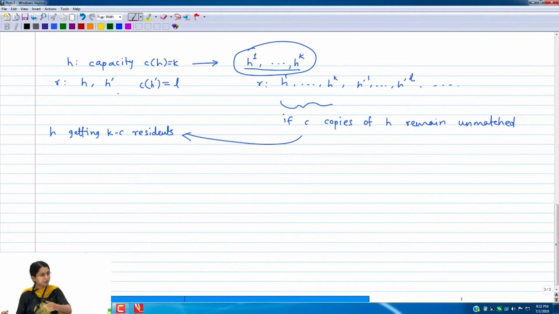By the way, then why are we looking at the Gale-Shapley algorithm in the many-to-one setting if everything works nicely by making copies? So do you see any advantage of looking at the many-to-one case separately if just making copies works? At least some small advantage we should gain if we want to study the many-to-one case separately.